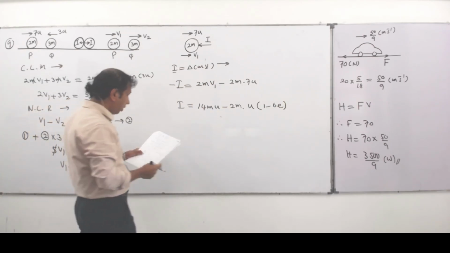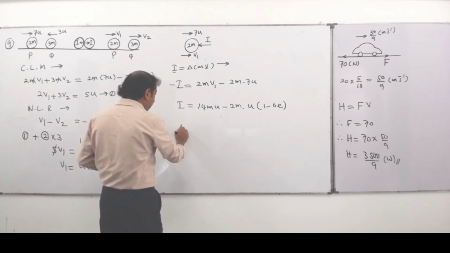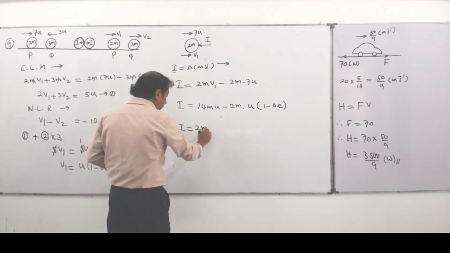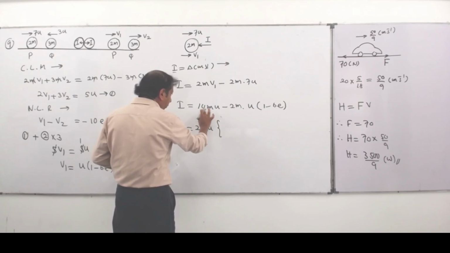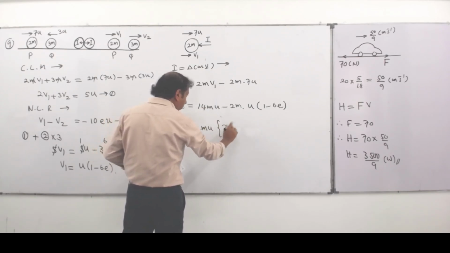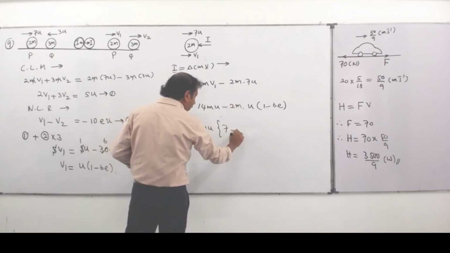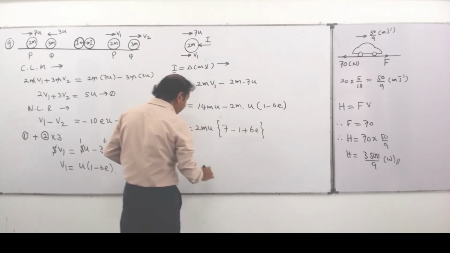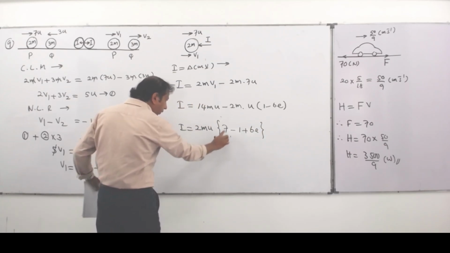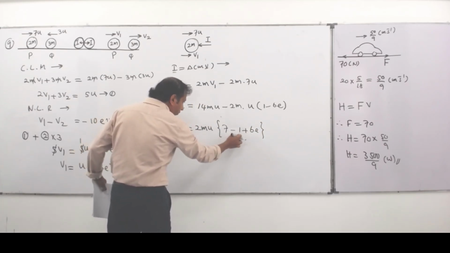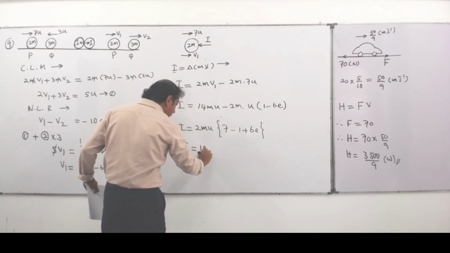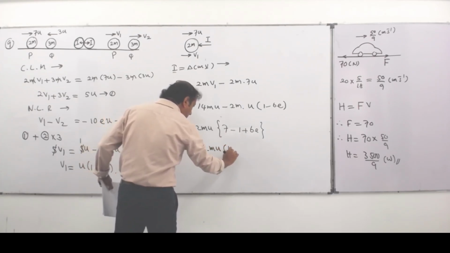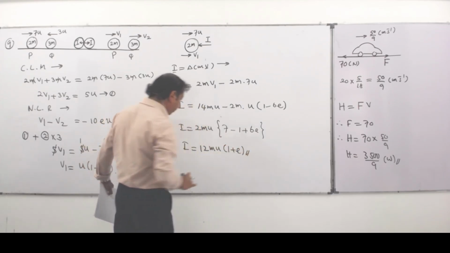We take 2mu out: 7 minus 1 plus 6e, so 7 minus 1 is 6. That 6 we can take out, and with this 2, we get 12mu into 1 plus e.